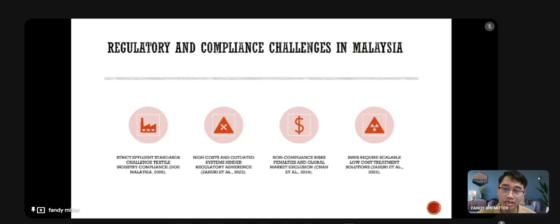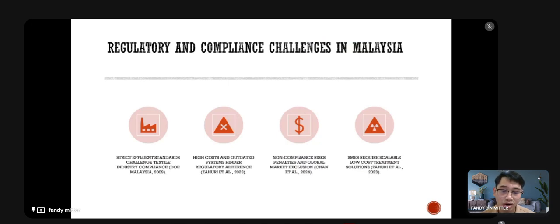Okay, what about the regulatory and compliance challenge in Malaysia? So the strict effluent standards have given challenge to textile industry compliance according to DOE Malaysia 2009.